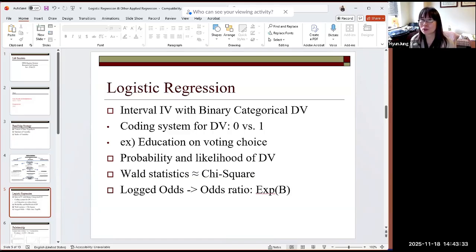And just to give you a general idea, political science academic work, right? About 70 to 80% of academic work done in political science is quantitative, okay?